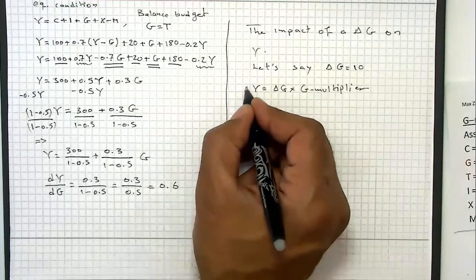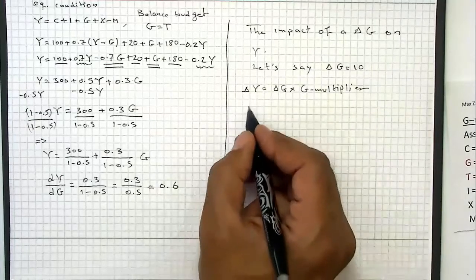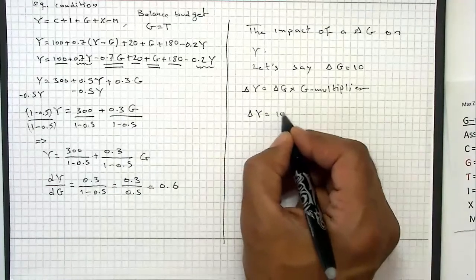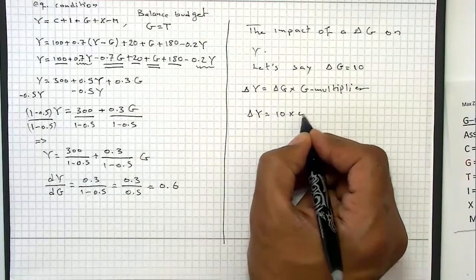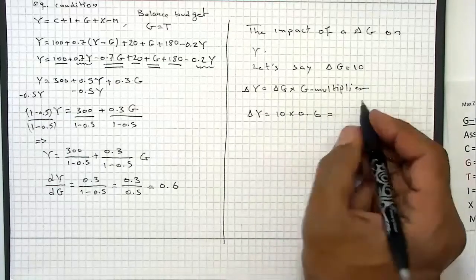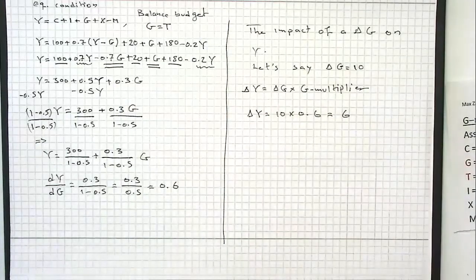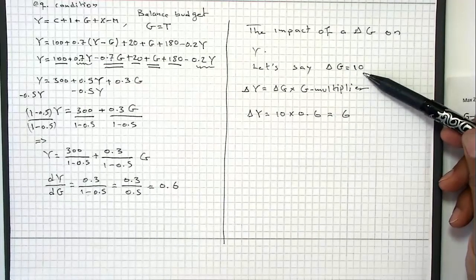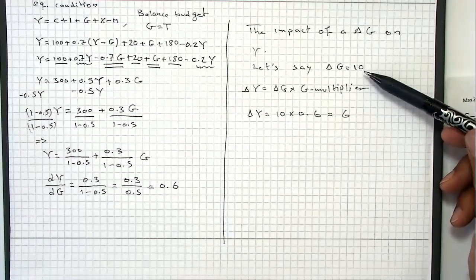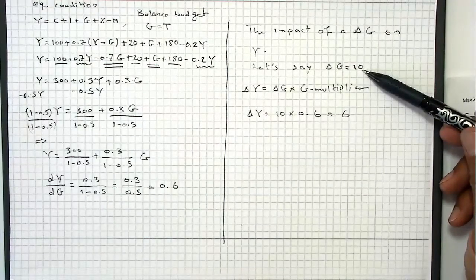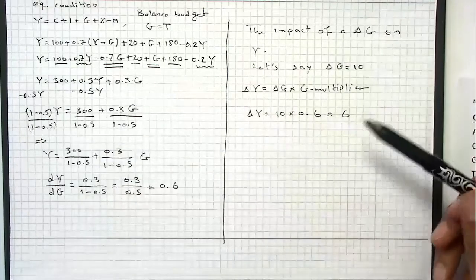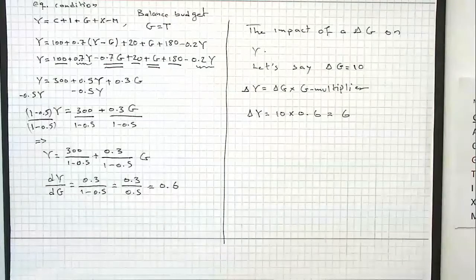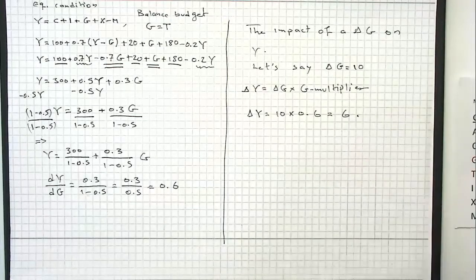That's the change in y. So change in y is equal to 10 times 0.6, which means 6. So if you increase government expenditure by 10 and at the same time you increase tax revenue by 10 so that you have a balanced budget, the national output will increase by 6. Thank you very much.